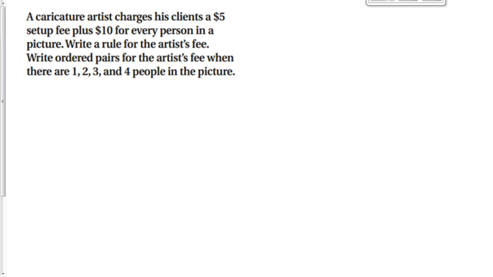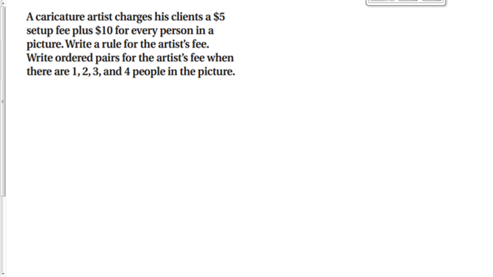All right, so this is a word problem dealing with a character artist. They draw, or they'll make drawings of people's faces, oftentimes at fairs and things like that. But this particular artist charges clients a $5 setup fee plus $10 for every person in the picture. First, let's write a rule for the artist fee. Okay, so the input is going to be how many people there are. All right, that's going to determine the price.